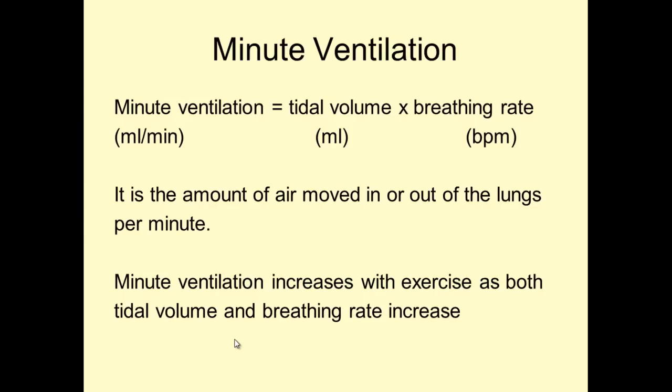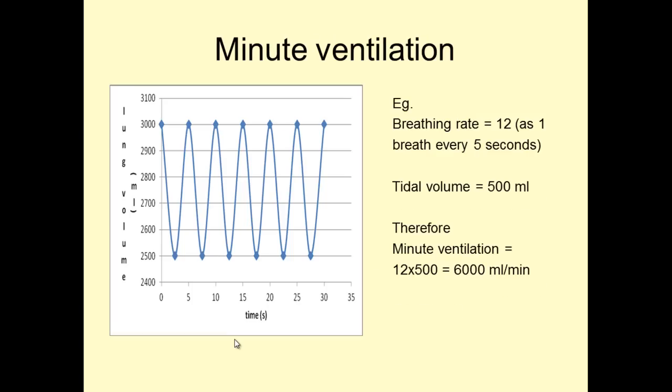If we look at the graph for minute ventilation, you have time along the x-axis and lung volume on the y-axis. We can calculate the tidal volume here as being 500 millilitres, because the difference between 2,500 and 3,000 is 500. If we look at the number of breaths, each breath takes 5 seconds.